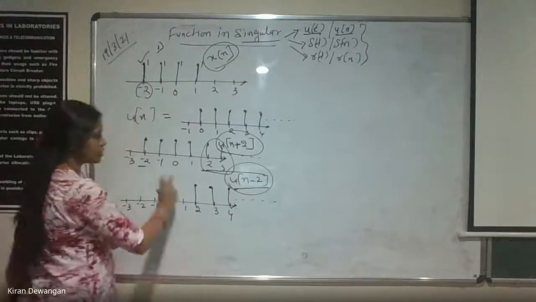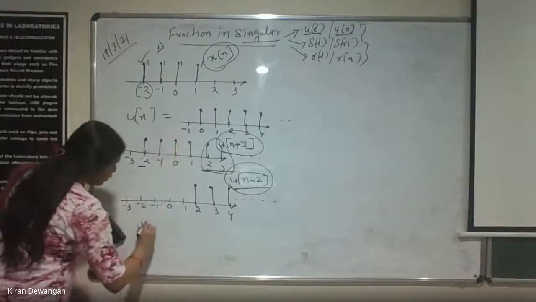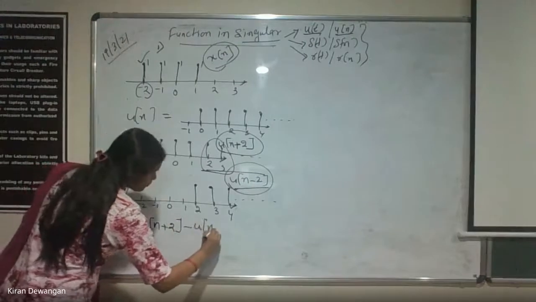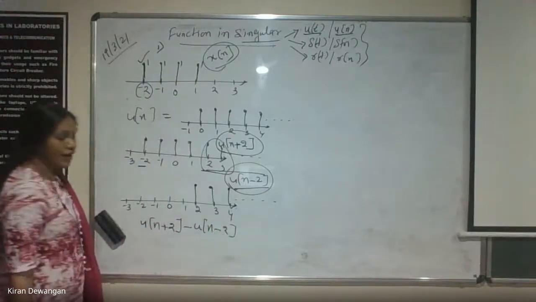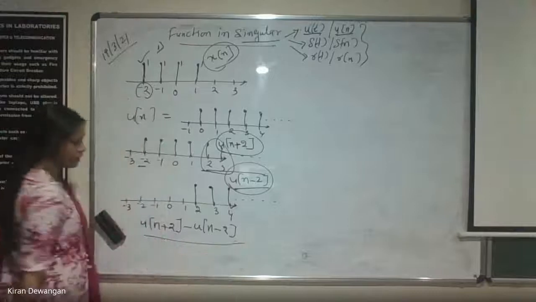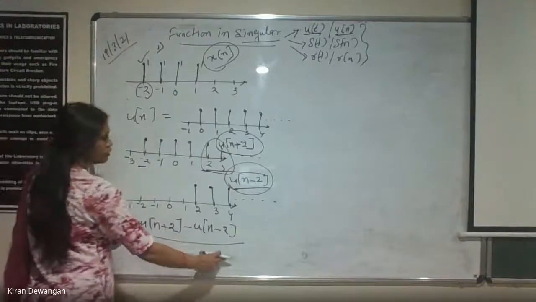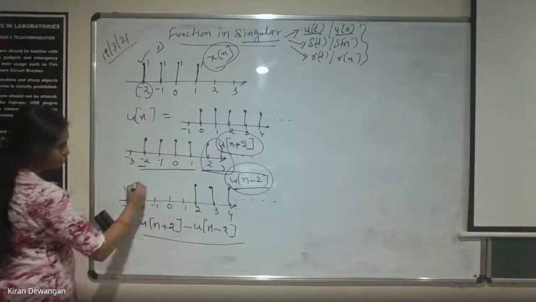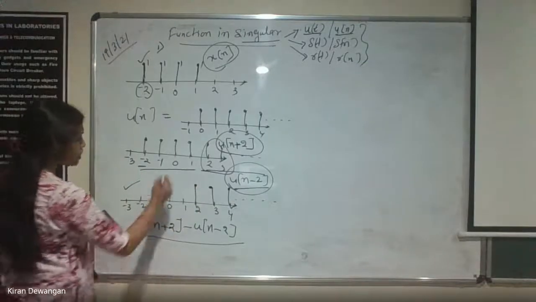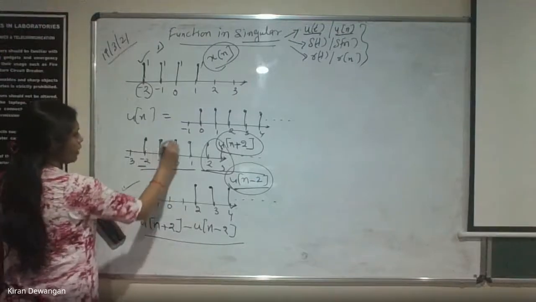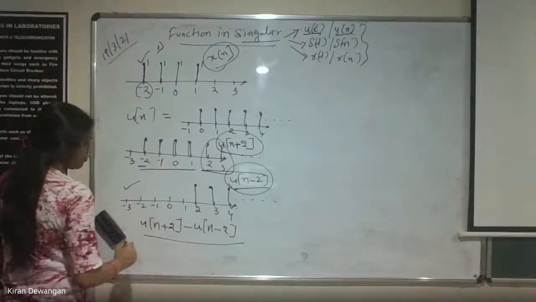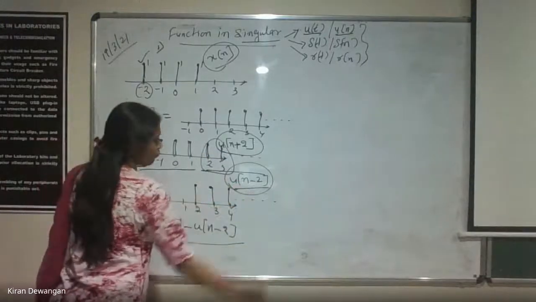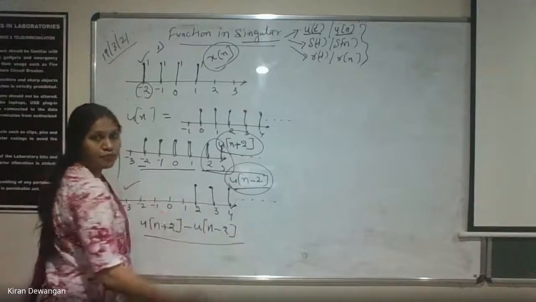For the earlier values, u of n minus 2 doesn't have any value, so 1 minus 0 will still be 1. So these values are still 1, and coming to the values at 2, 3, 4, 5, these values will become 0.